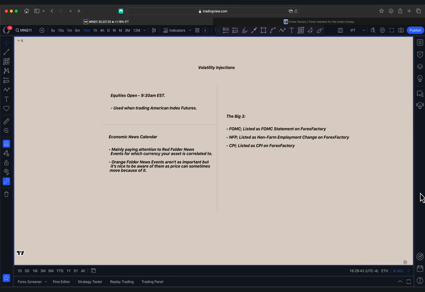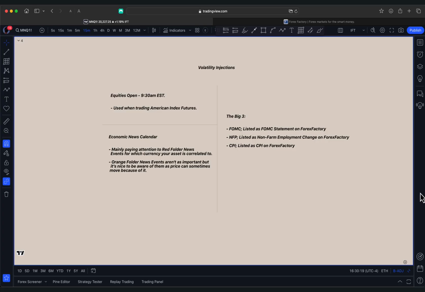Also, of course, you do not want to be trading the news event itself because there's something called slippage. If you get slipped, it means your order may not get filled at the price you anticipated. So, going back to the analogy of liquidity, let's say you place your stop loss at a specific price point, and one of the big three occurs and goes against your position.